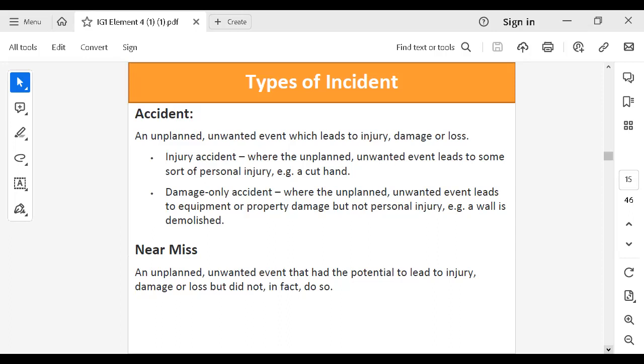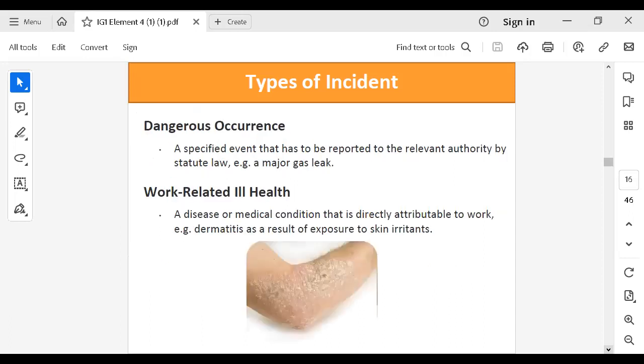A near miss is an unplanned, unwanted event that had the potential to lead to injury, damage, or loss, but did not, in fact, do so. A dangerous occurrence is a specified event that has to be reported to the relevant authority by statute law, for example, a major gas leak. In a dangerous occurrence, we need the specific authority, because they will control that hazard.